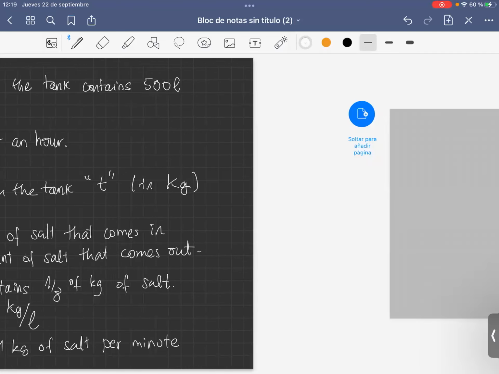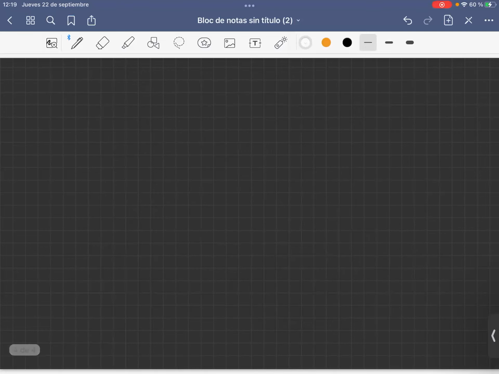And we know that 8 liters per minute enter the tank, but we also know that 4 liters per minute leave the tank.